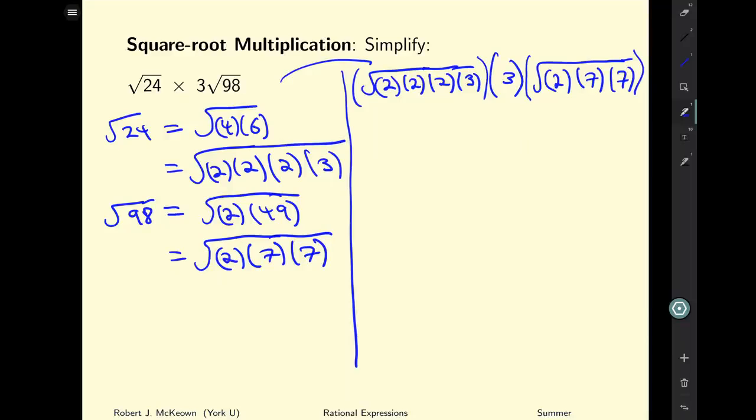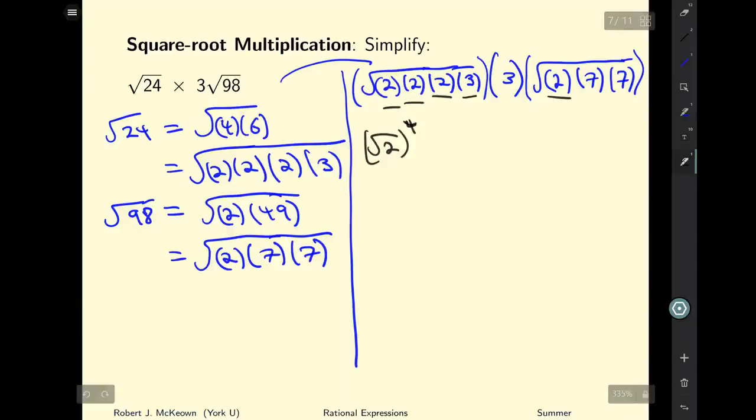Now, I can do a few things. So I notice that maybe I want to look at the fact I've got 4 2's. I've got the square root of 2 four times. So I'll rewrite this as the square root of 2 to the power of 4.